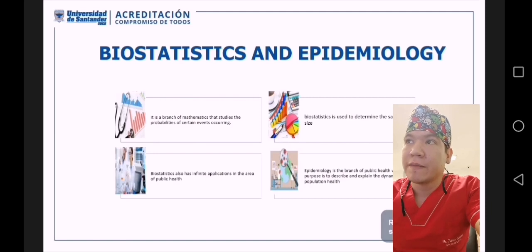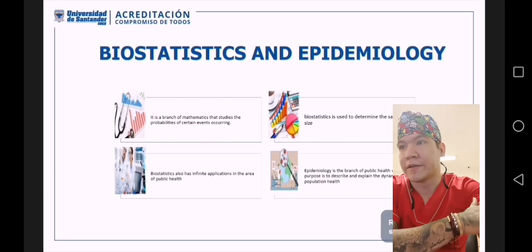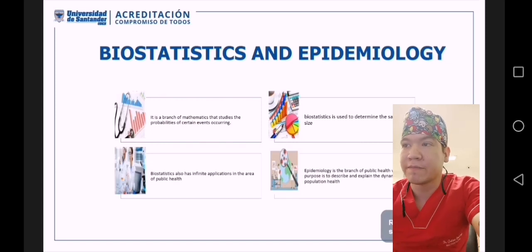Then we have biostatistics and epidemiology. Epidemiology is the branch of public health which aims to describe and explain the dynamics of population health.